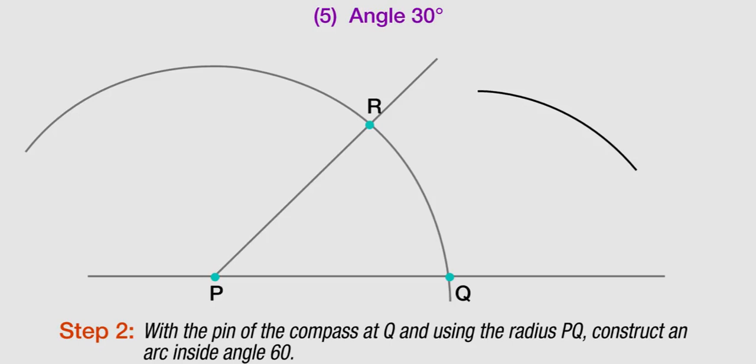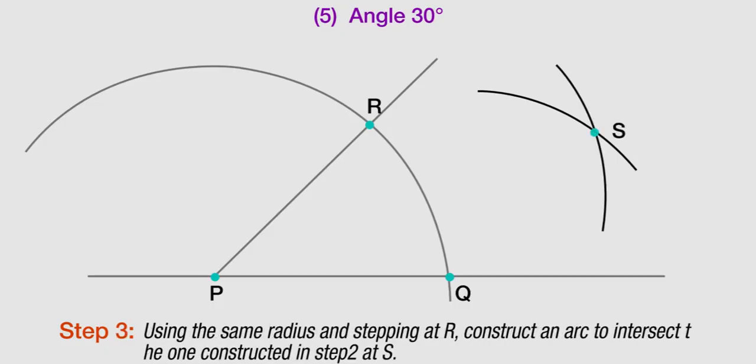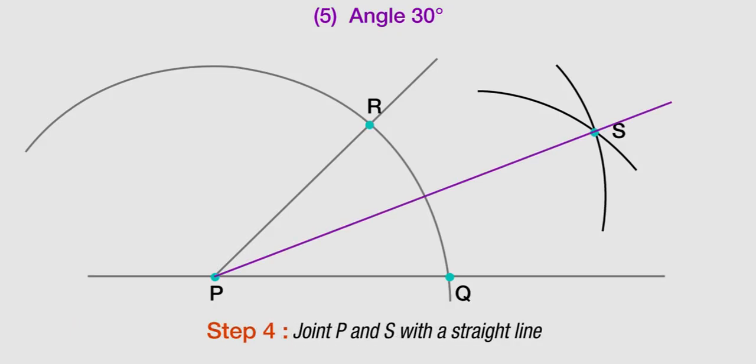Step 3, using the same radius and stepping at R, that is with your compass point at R, construct another arc to intersect the one already constructed in step 2 at S. That gives you a point of intersection. So now join P to S with a straight line like this. That gives you 30 degrees.